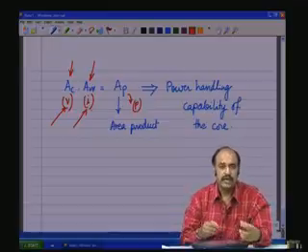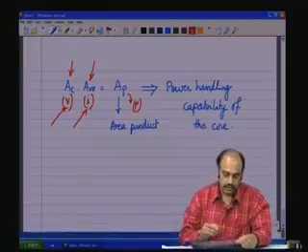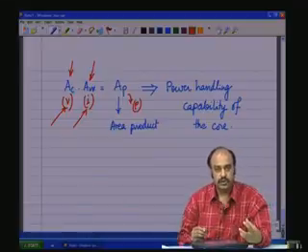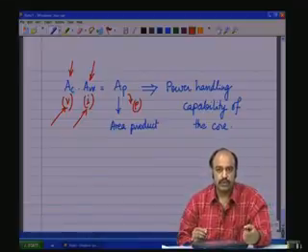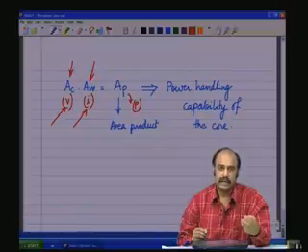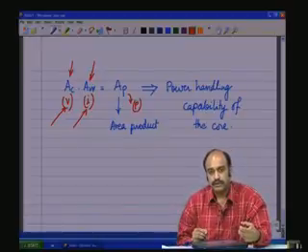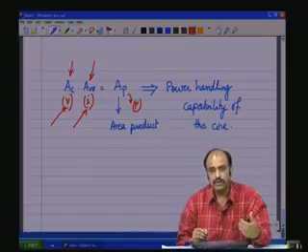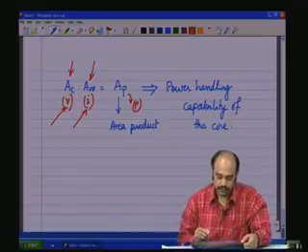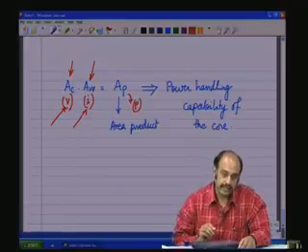V and I are calculated from the electrical circuit, and by this mapping one can choose the size of the core for a given power that has to be passed from the primary to the secondary. The size of the core will be decided.